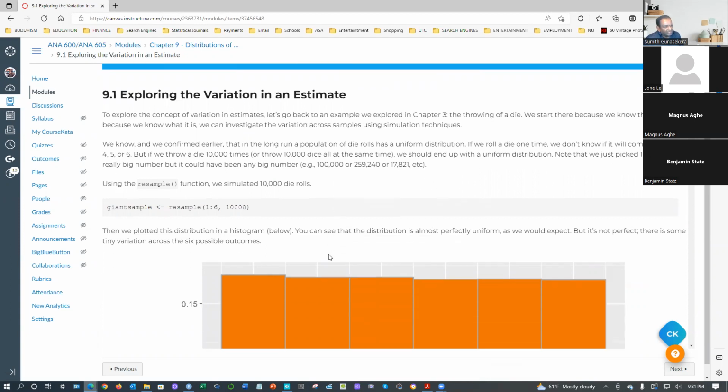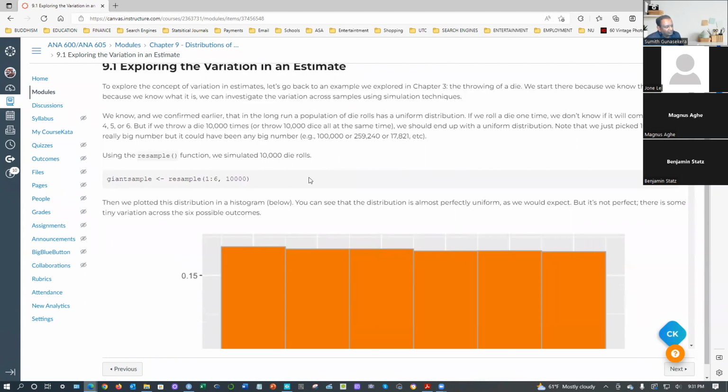How are we going to do that? You build up a giant sample. Look at the resample technique. Resample means with replacement or without replacement. It has to be with replacement.